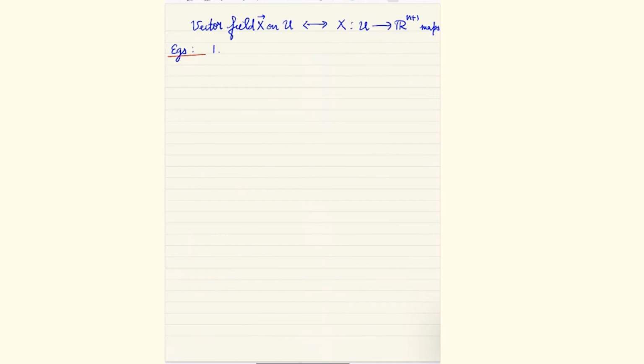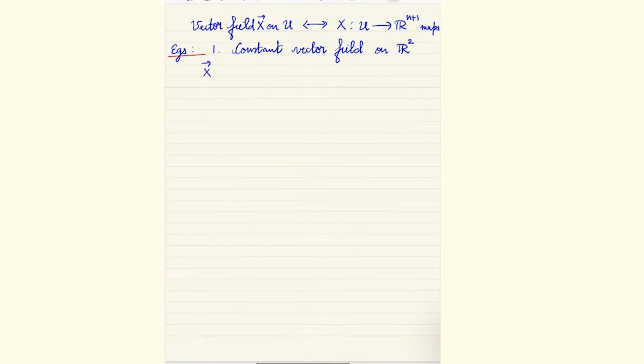So the first example we will see is a constant vector field. It's the easiest thing you can think of. This is maybe just on R^2. We can do this in any dimension, but a lot of the examples will be in R^2, because some of them we can visualize very nicely, and it's helpful to draw pictures in this context.